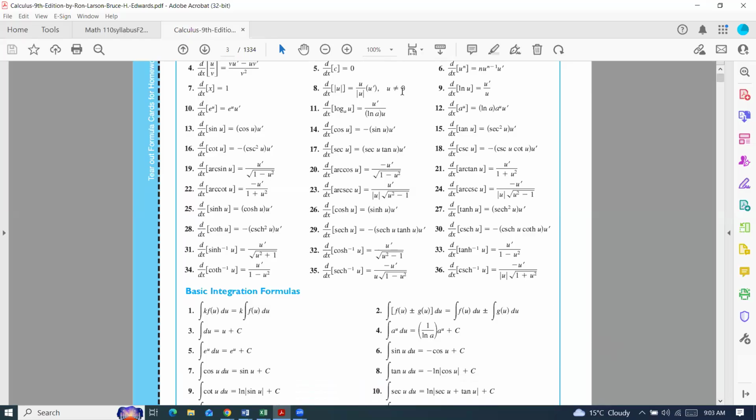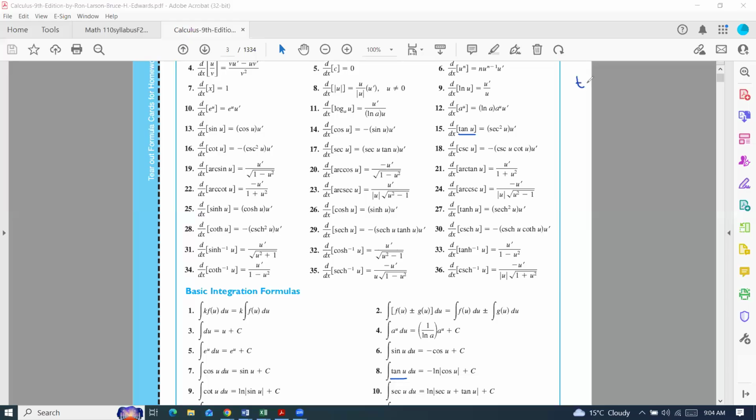Let me try some of those. I think last time we did something with sine, which gives cosine or negative cosine, whatever. So now we're going to try, how about tangent? That's another very popular kind of formula. So let me start with the derivative of the function tangent, formula number 15, and see how we differentiate tangent.